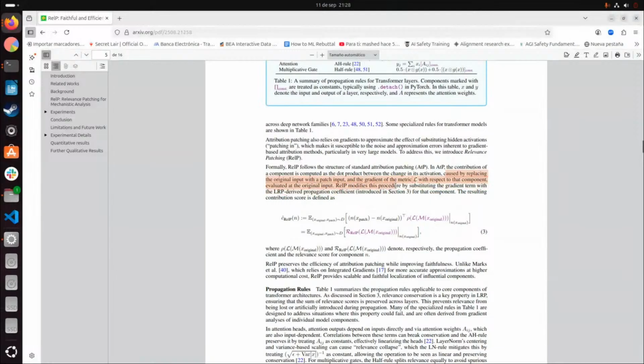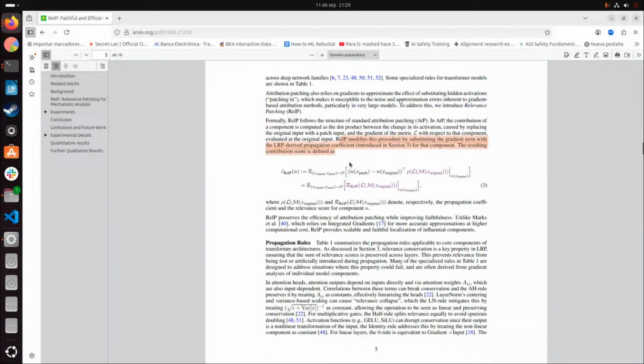RelP modifies this process. I didn't remember that detail about the implementation of attribution patching. RelP modifies this process by substituting the gradient term with the RelP derived propagation coefficient for that component. The resulting contribution score is defined as this formula.